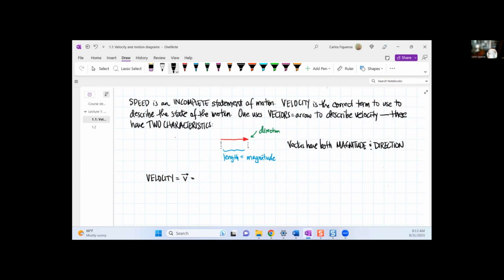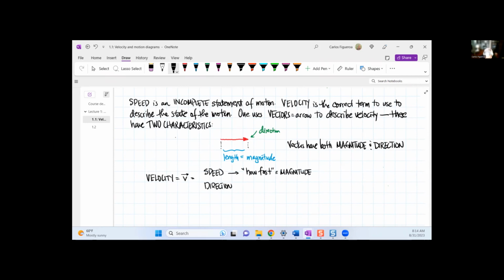So then if I look at this, it has two pieces. It has speed and it has direction. So the speed, as we've already described, tells us how fast something moves. And this is what we call the magnitude of the vector.